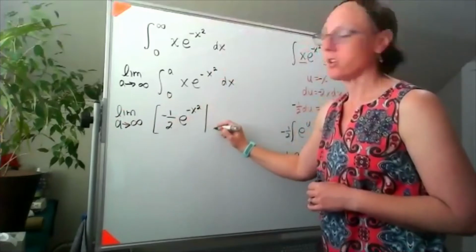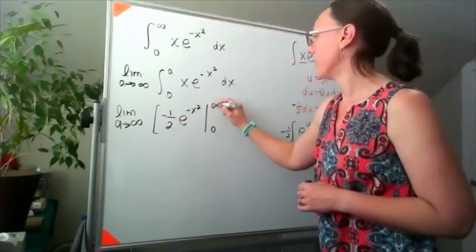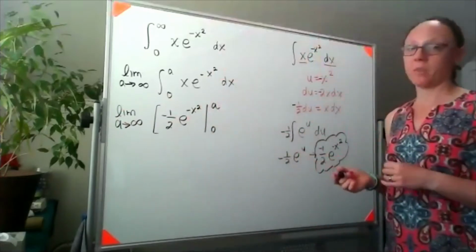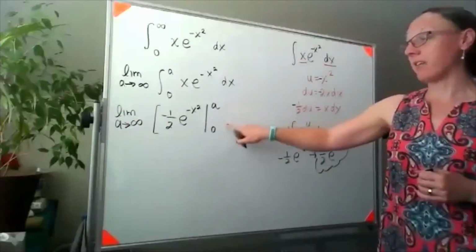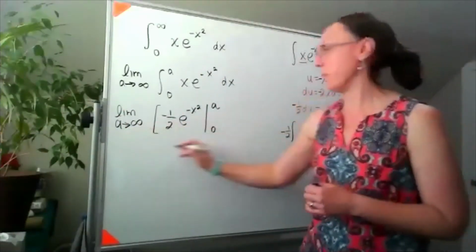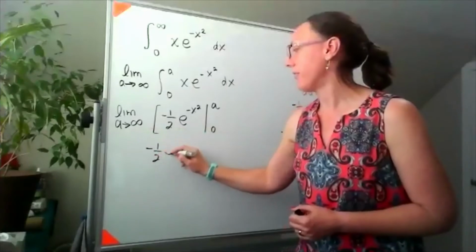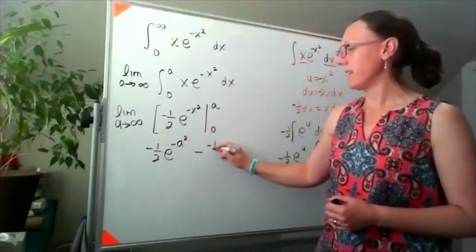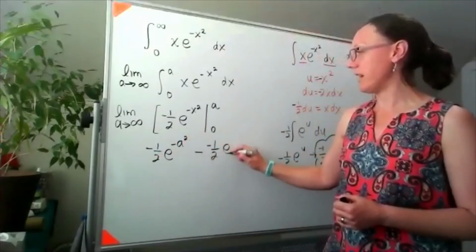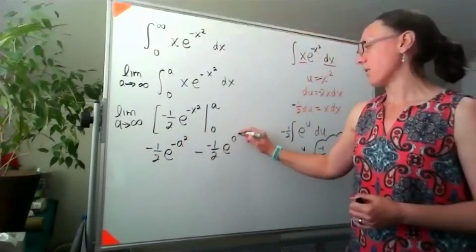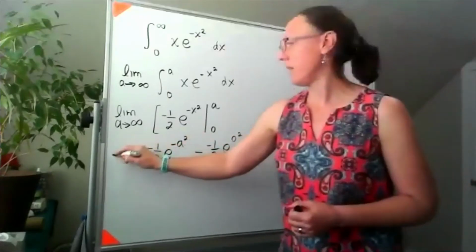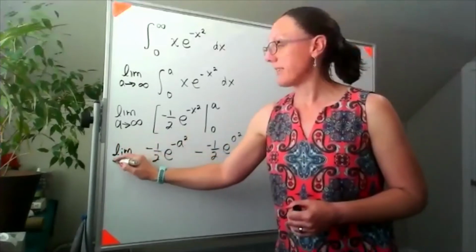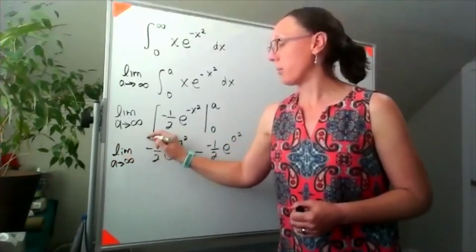And then we're going to need to go from 0 to a. I'm always going to plug these in before I go to take that limit. So negative 1/2 e to the negative a squared minus negative 1/2 e to the 0 squared. Again, bringing our limit down with us because I like to get all my points.